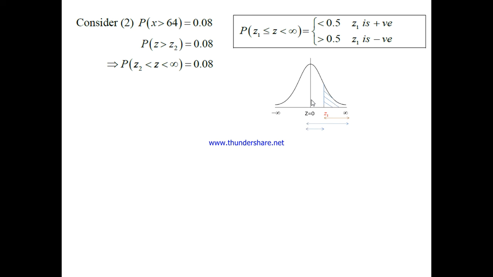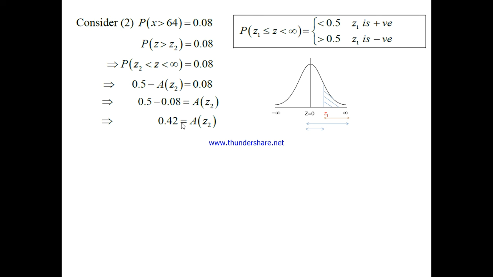From that, we'll subtract the area bounded by 0 to Z. The area bounded by 0 to infinity is 0.5. And 0 to Z, here we consider it as Z2, since Z1 was considered in the previous case. So it is A of Z2. And after the simplification, we are going to get A of Z2 as 0.42.